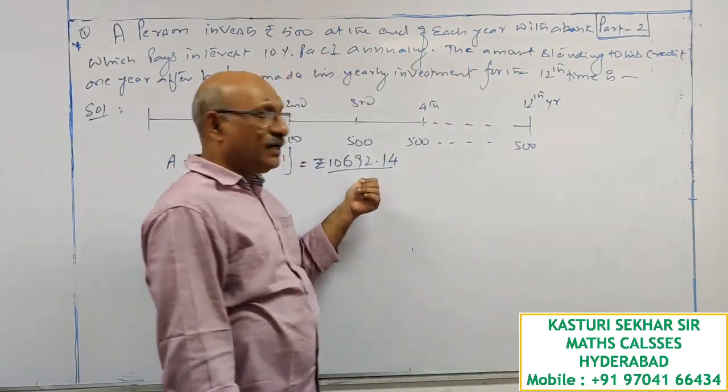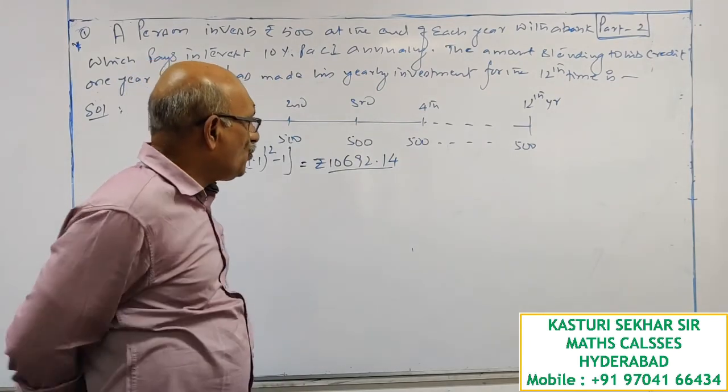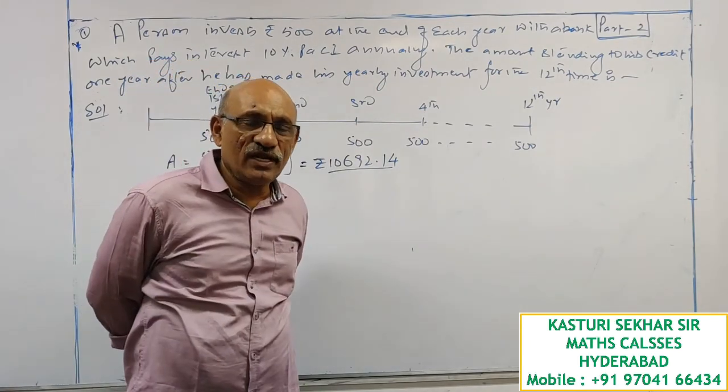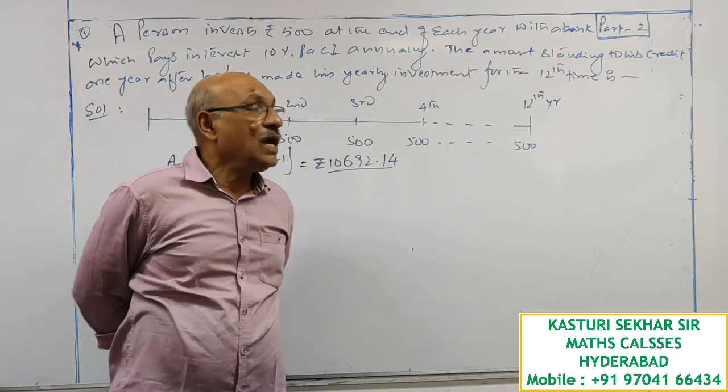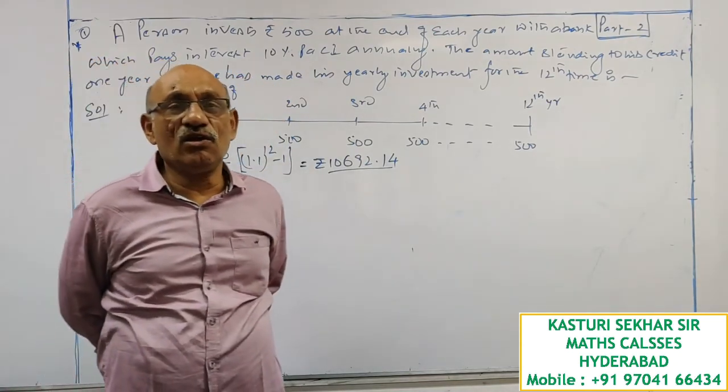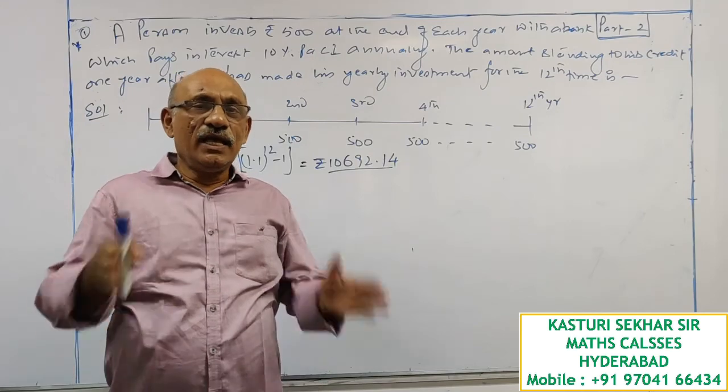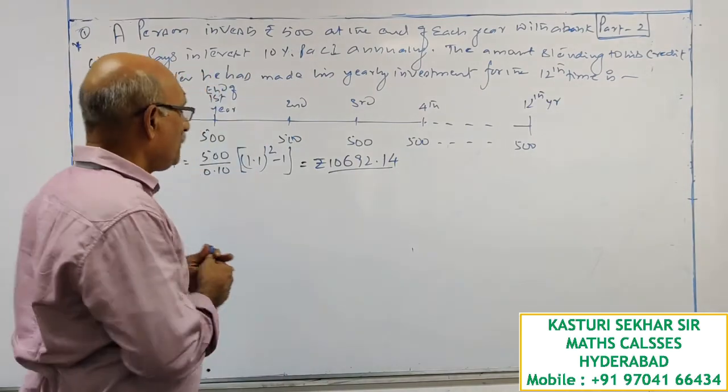So at the end of the 12th year, the accumulated balance is 10,692.14. Now sir, this amount is not withdrawn at the end of 12th year. It is kept in the bank for one more year.